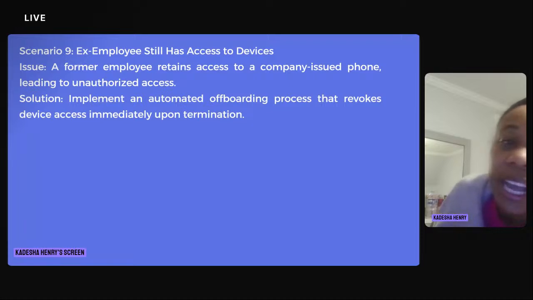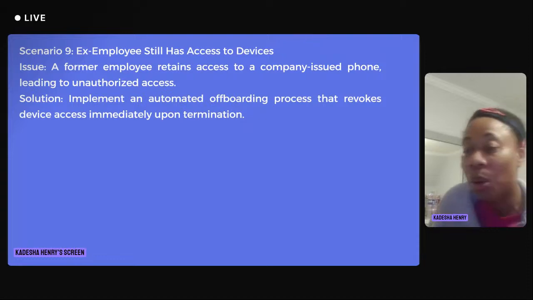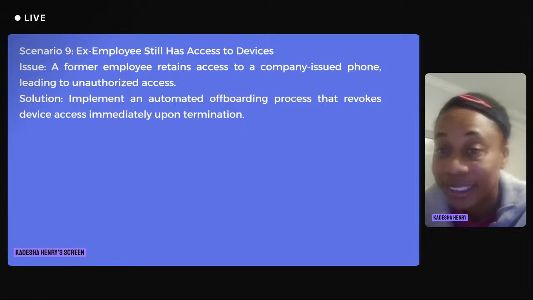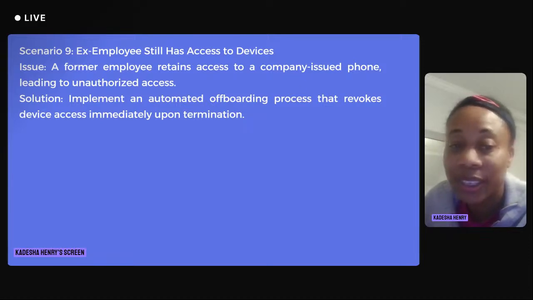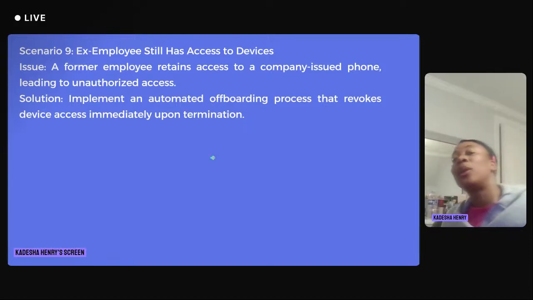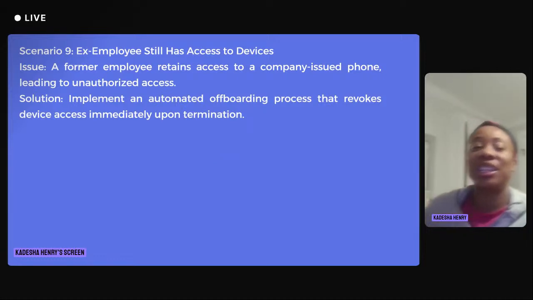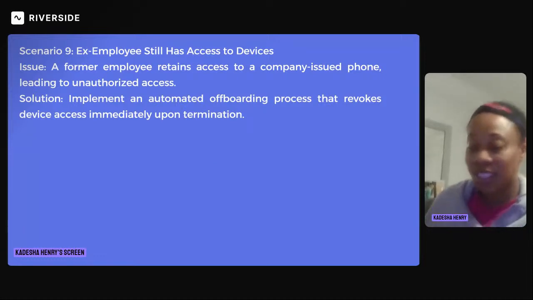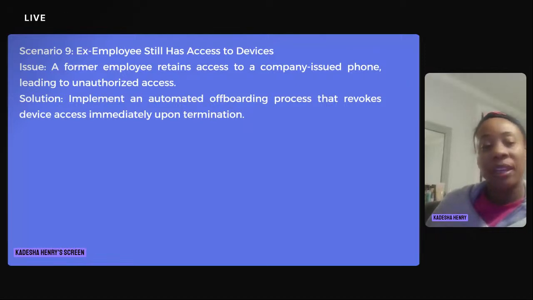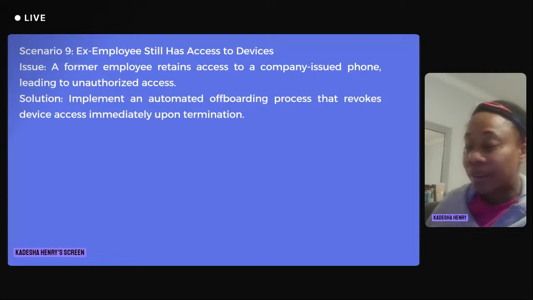Scenario 9, ex-employees still have access to device. That's a big one around here. What happens when you're not working in the organization anymore, but you still have access? A former employee retained access to a company-issued phone, leading to unauthorized access.